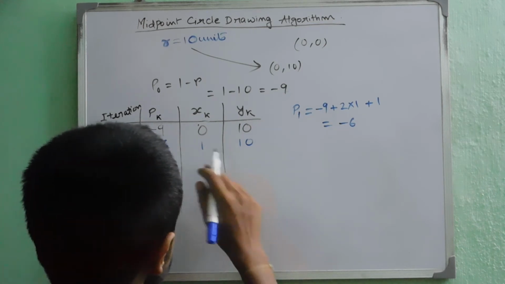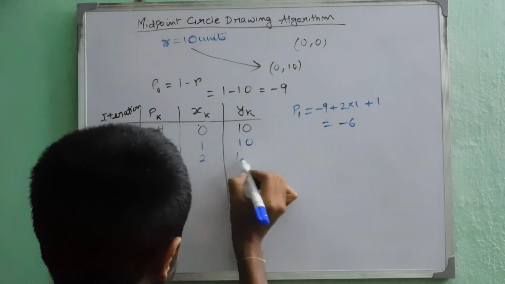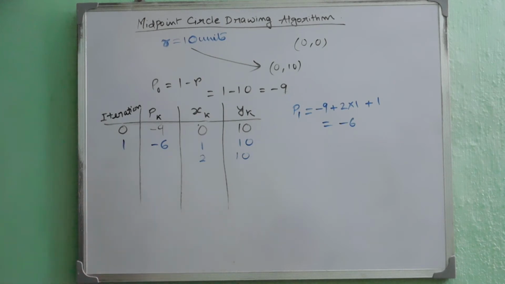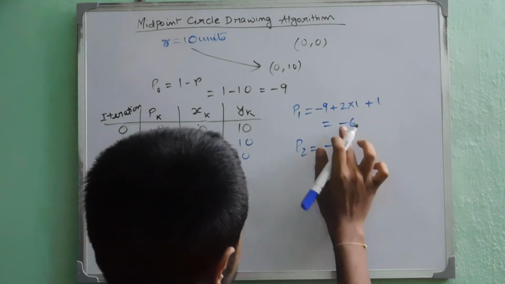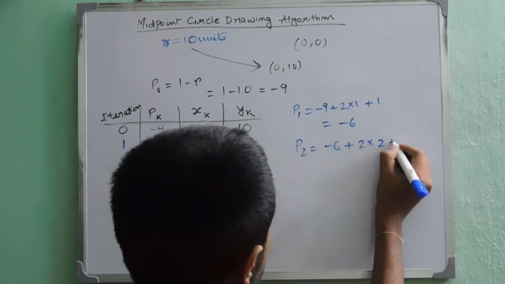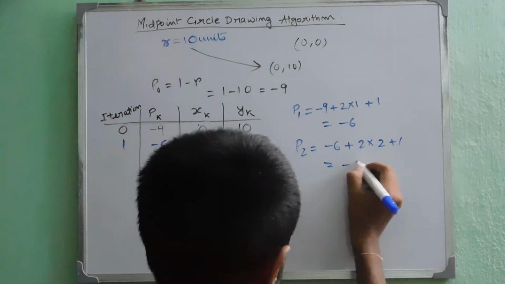Now let's calculate the next xk and yk based on the pk. That will be 2 and 10. Since it is negative, x will increment and y will remain the same. Now we will calculate p2. That will be p1, minus 6, plus 2 into 2 plus 1, which is equal to minus 1.